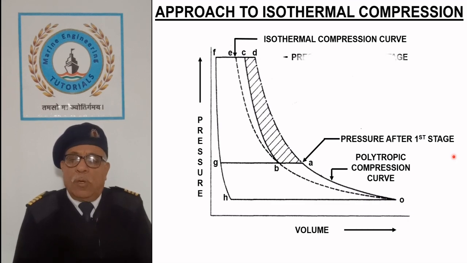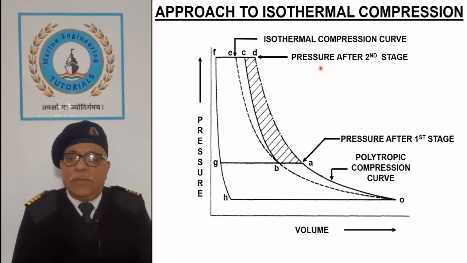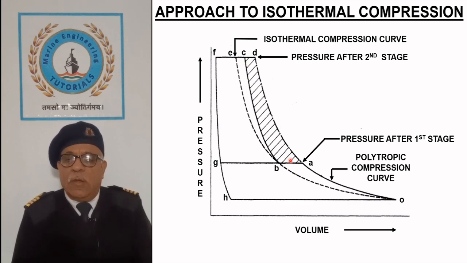Air is then cooled along the line AB, and the point B lies on the isothermal compression curve OBE. In the second stage, air is again compressed polytropically along the curve BC, and the work done is represented by the area B, C, F, G, B.